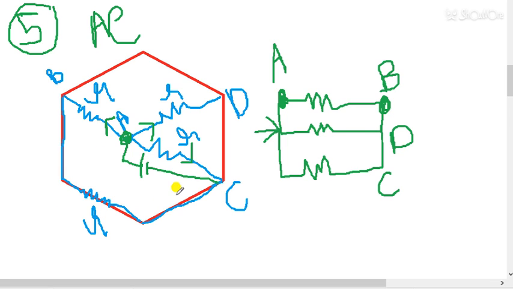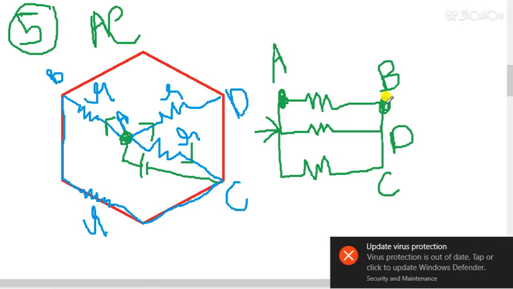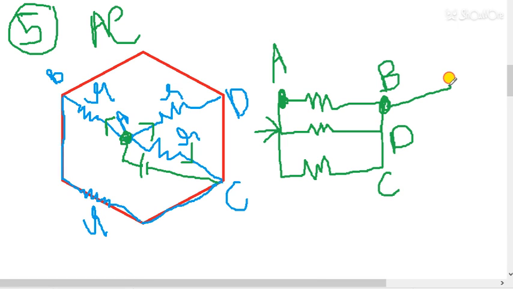So is it possible to draw a diagram with a resistance between B and C? Okay, let's take it as B, C, D. Let's take a resistance here. So I am solving it. This resistance is between point B and C. I hope it is clear.